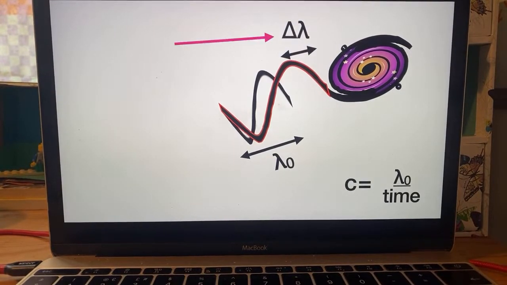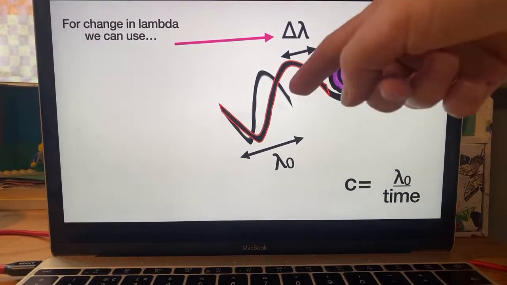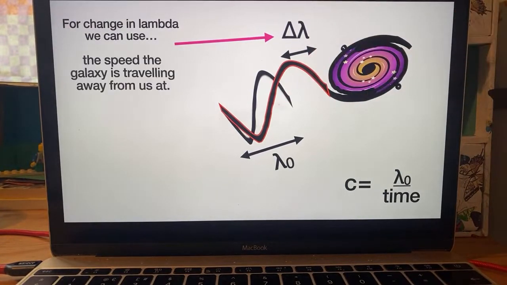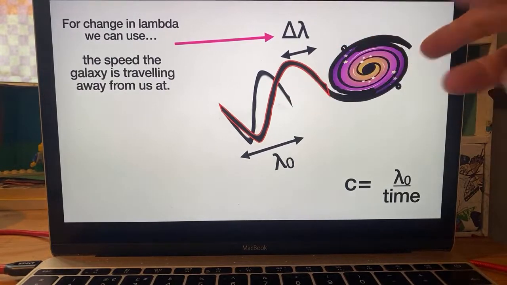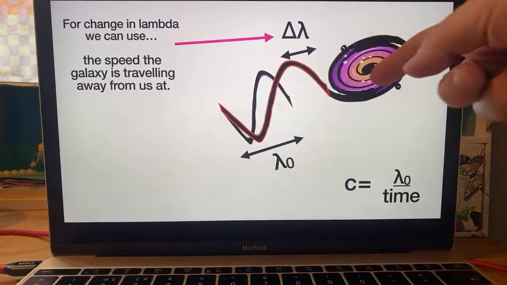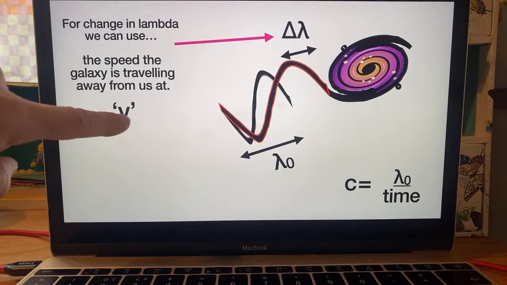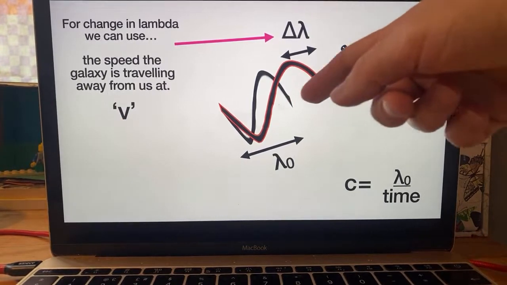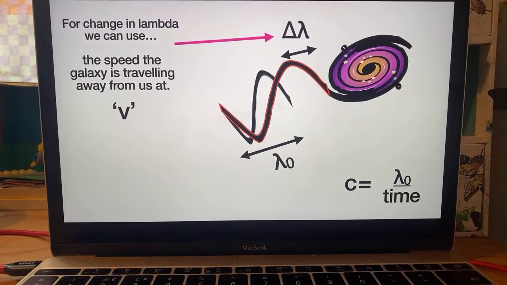An equation for the change in wavelength. Well, what speed can we use for that one? The galaxy is moving, right? So we can use the speed that the galaxy is travelling away from us. It's not necessarily travelling at the speed of light. We'll call that speed v. That is the velocity of the galaxy. Do you remember this? This came up in that equation.